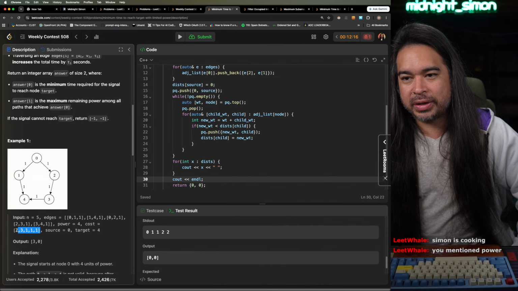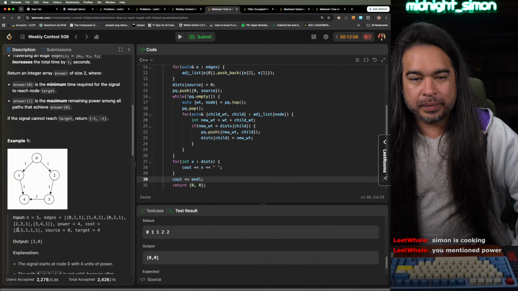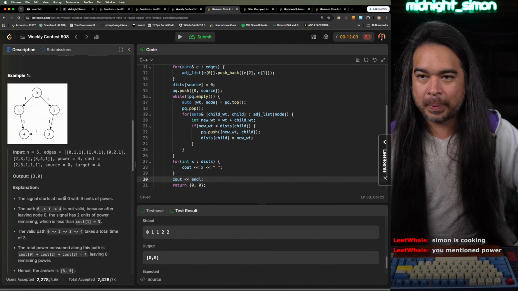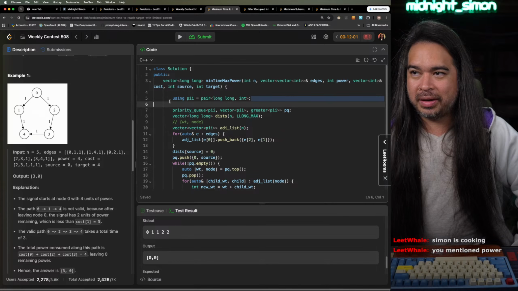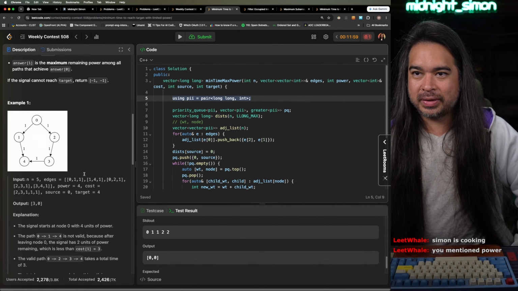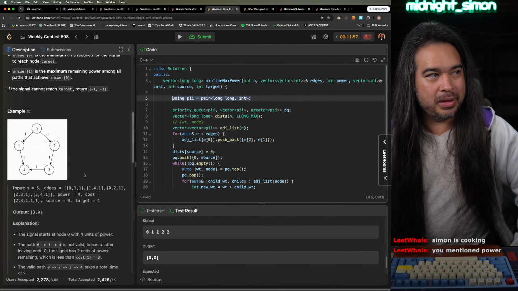Oh, the powers are here. Yeah, I think I need something with power inside my stuff.